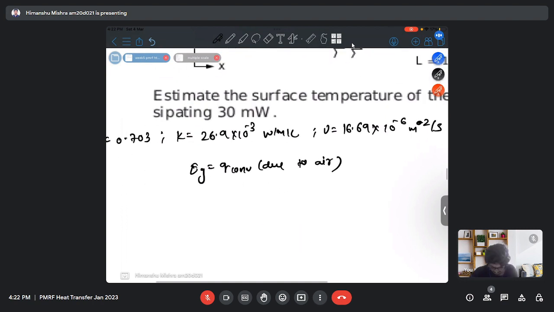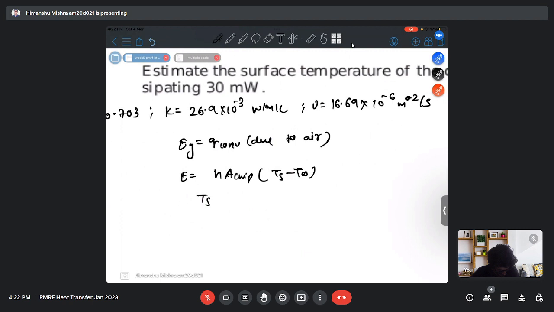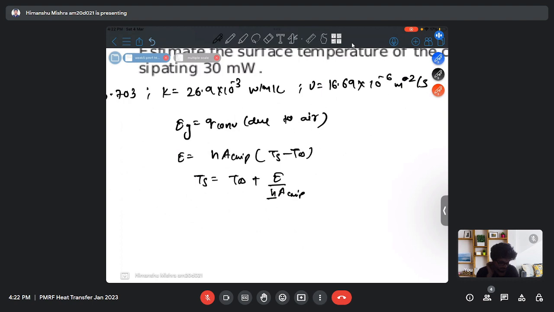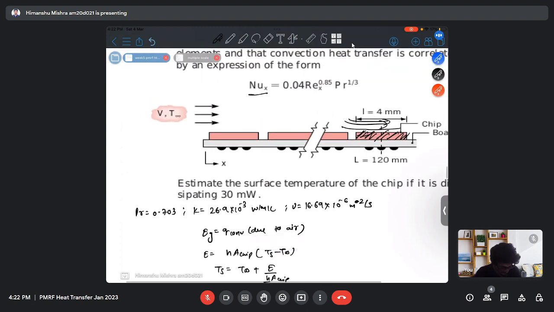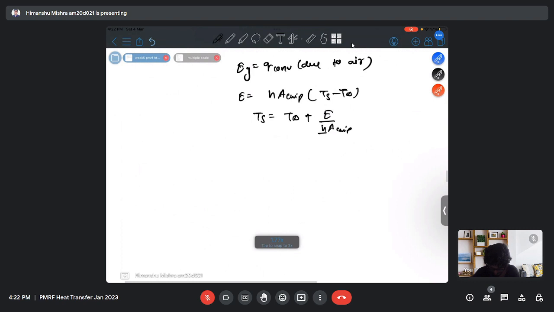So from Newton's law of cooling, I can write the heat transfer in terms of Ts minus T infinity. So I need to determine Ts, the surface temperature. So we need to determine the heat transfer coefficient, and we are given the Nusselt number. I can write this as h x over k.